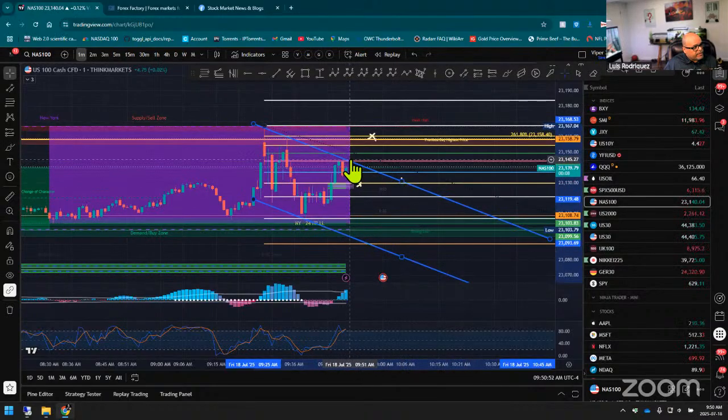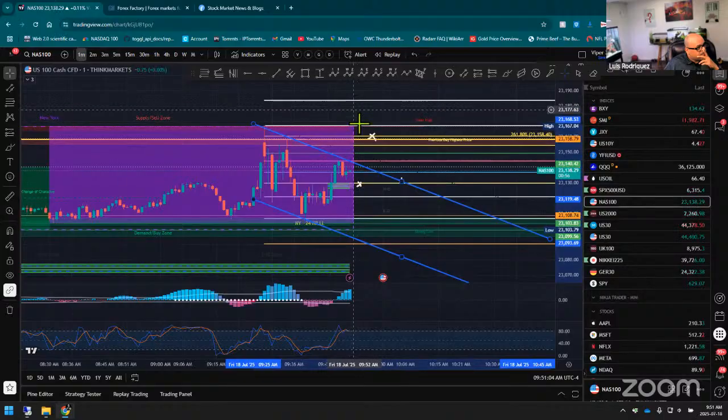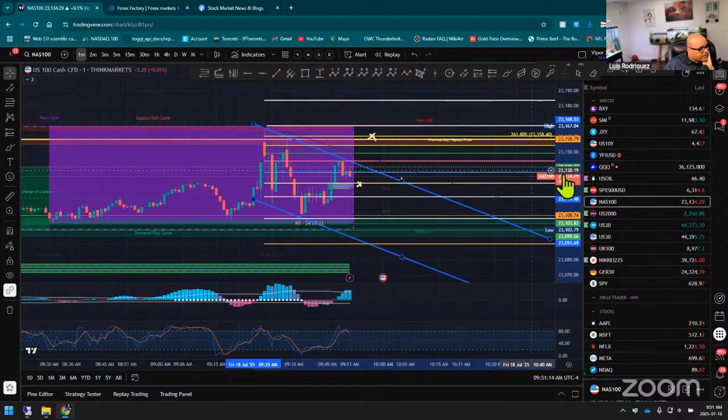If we respect that, this is a confirmation of fair pricing, pushing the market down. If it does respect that. If it doesn't, it's just going to go up there to grab liquidity.